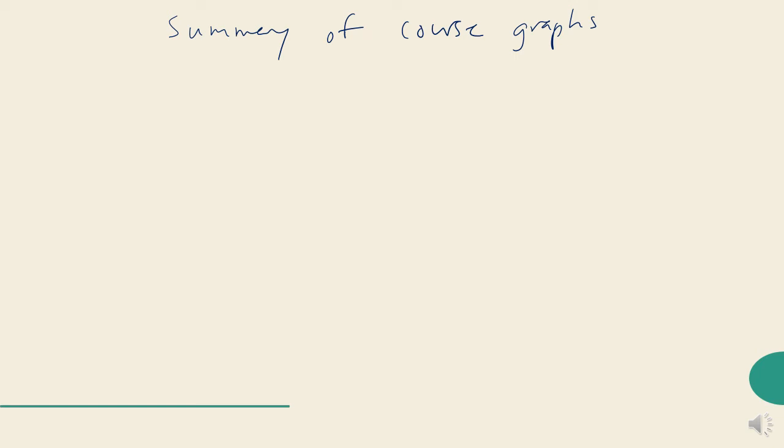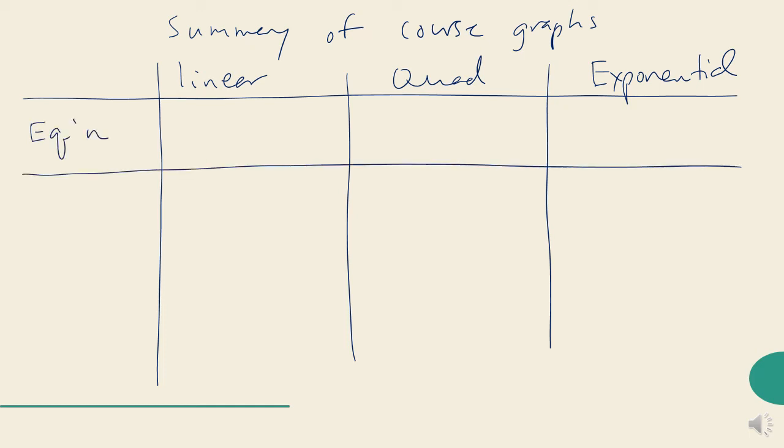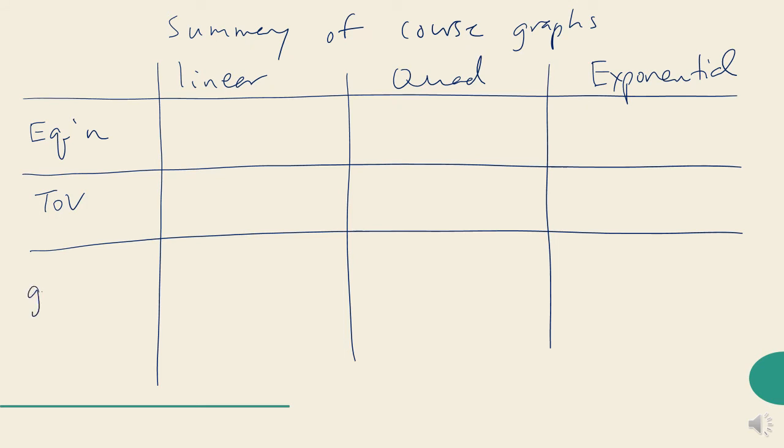And we did, well, we didn't do very much with it, but there's linear, quadratic, and exponential. And we want to compare them. So, like, how do they look as an equation? How do they look as a table of values? And how do they look as a graph?